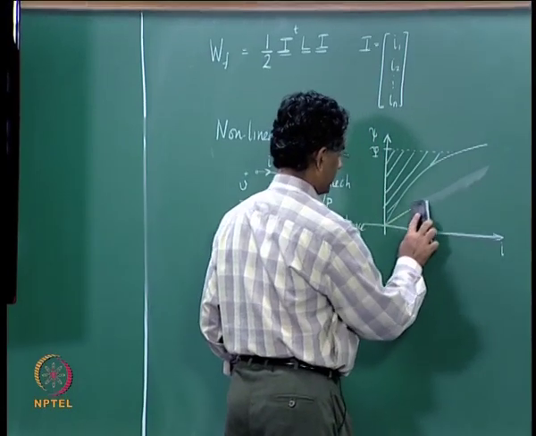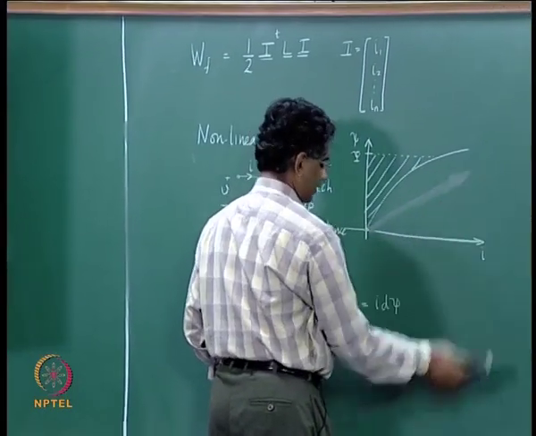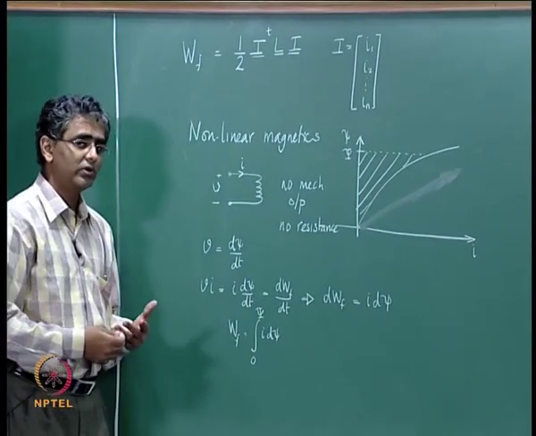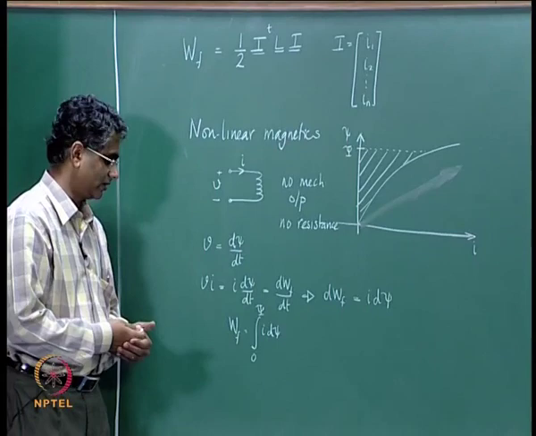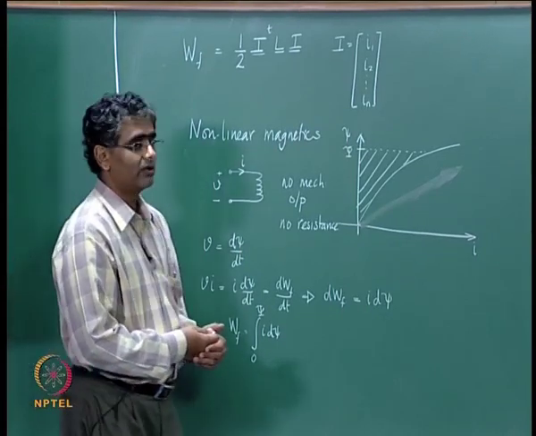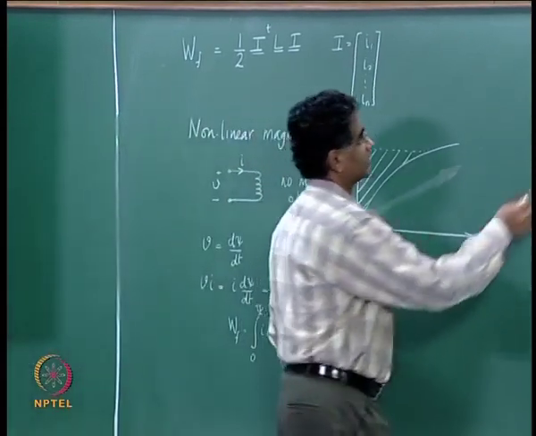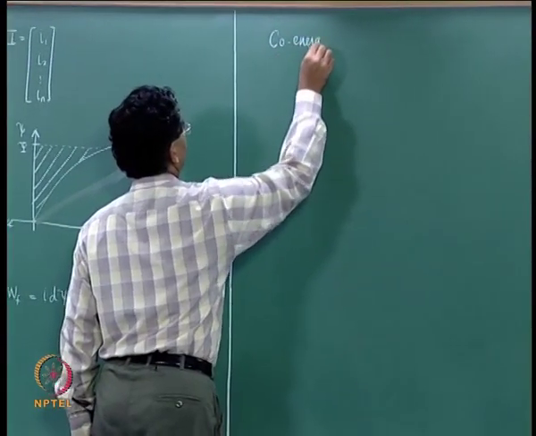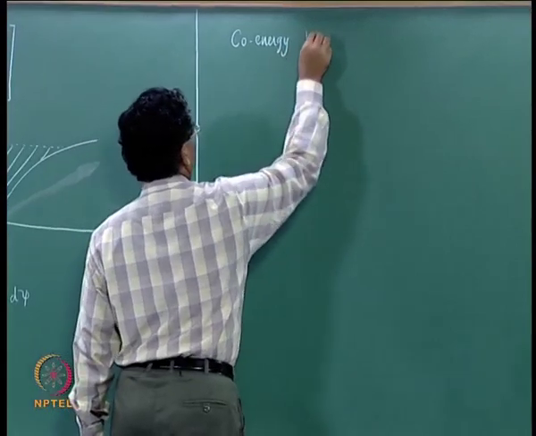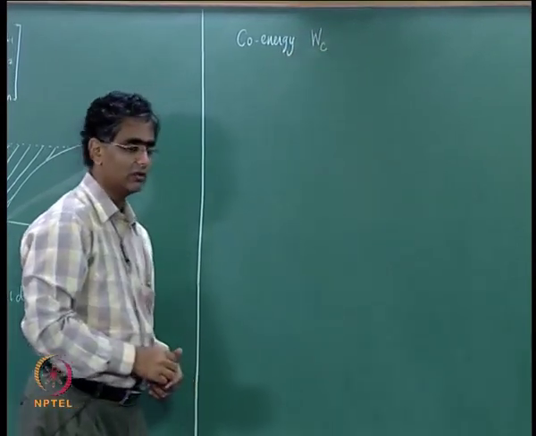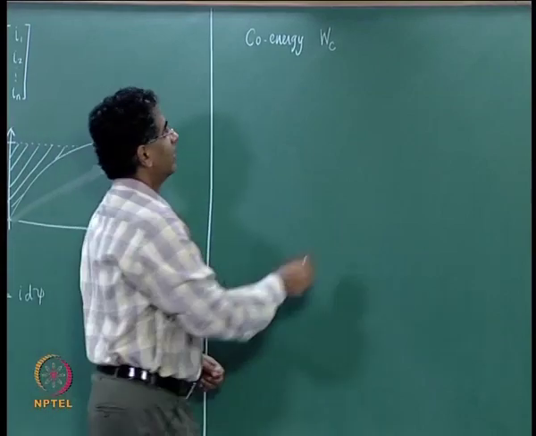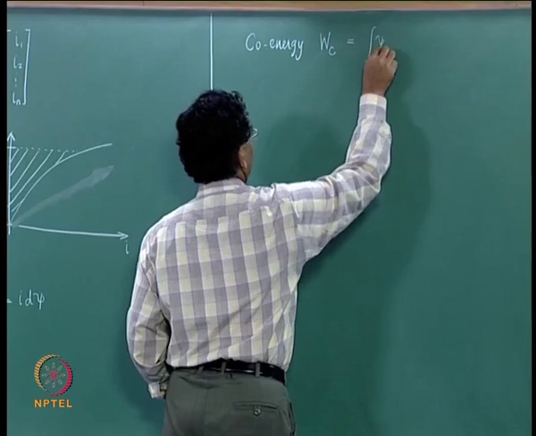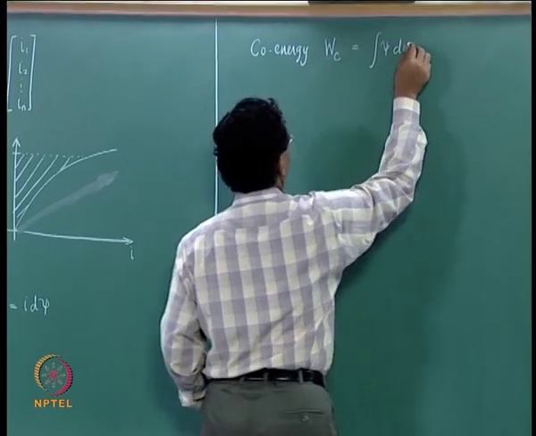Let us remove this line, no longer necessary. This is the field energy, and as we saw in the last lecture we can define another term, called the co-energy, which we can call Wc.